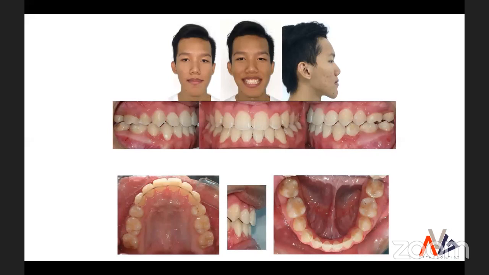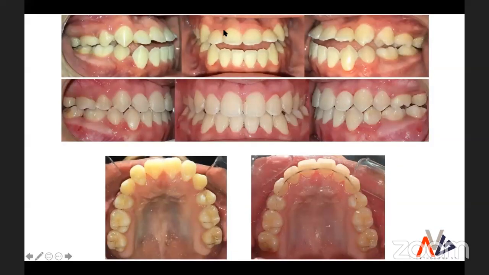So when you reverse it, it becomes negative. The particular case was such that the anteriors were too flared, so I had to reverse the torque. That's why I had to get the lowers in first. If I would have treated the uppers first, I would have ended up in a hard anterior crossbite.